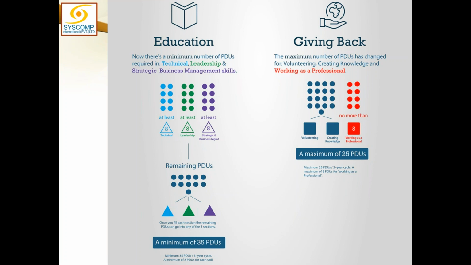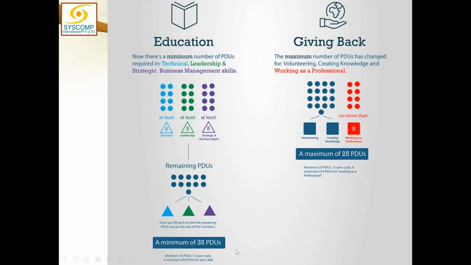You must have attended some seminars giving you 8 PDUs in each of these areas. But the total education PDUs you want to have at minimum are 35. And that means you will require another 11 PDUs to complete your 35 PDUs.